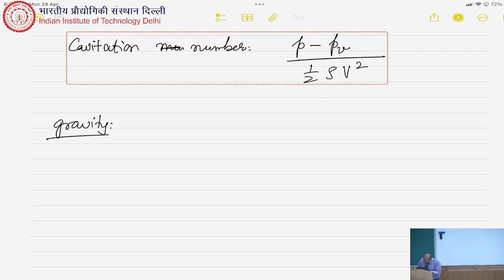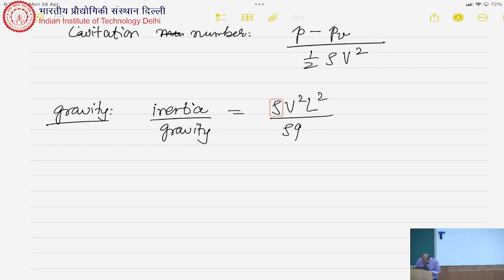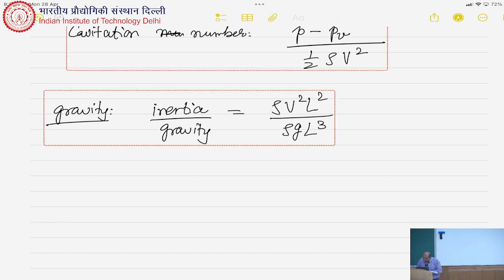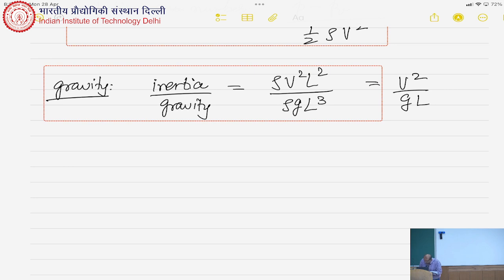Traditionally, we look at inertia force divided by gravity. Normally we were dividing by inertia, but in this case traditionally it has been done like this. So inertia is rho v square L square and gravity is rho g L cube. So this becomes v square upon gL.